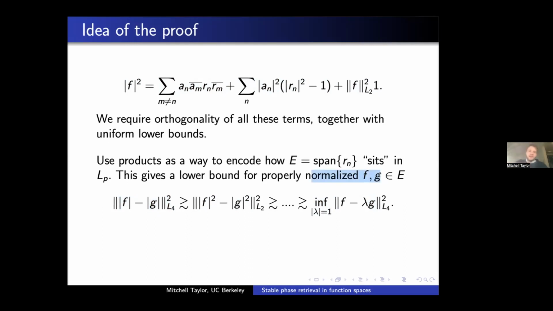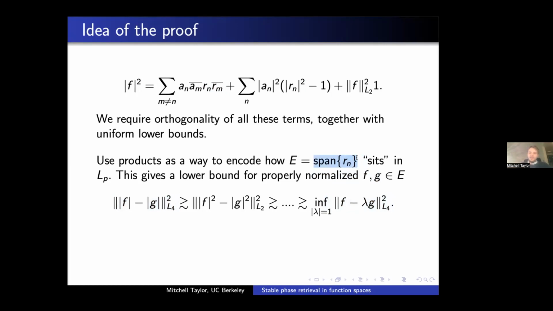Okay, so this kind of idea, just very naively, will indeed give you an inequality like you want, where the absolute value of f minus absolute value of g in L4 dominates the inf of the distance between f and lambda g. And heuristically, what are we doing here? Well, we're using these products as a way to encode how this subspace sits inside the ambient space.